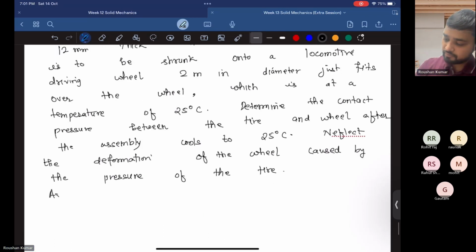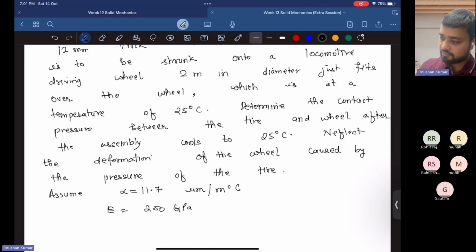Assume alpha is 11.7 micrometer per meter degree Celsius and E, that is Young's modulus, is to be taken as 200 gigapascal.